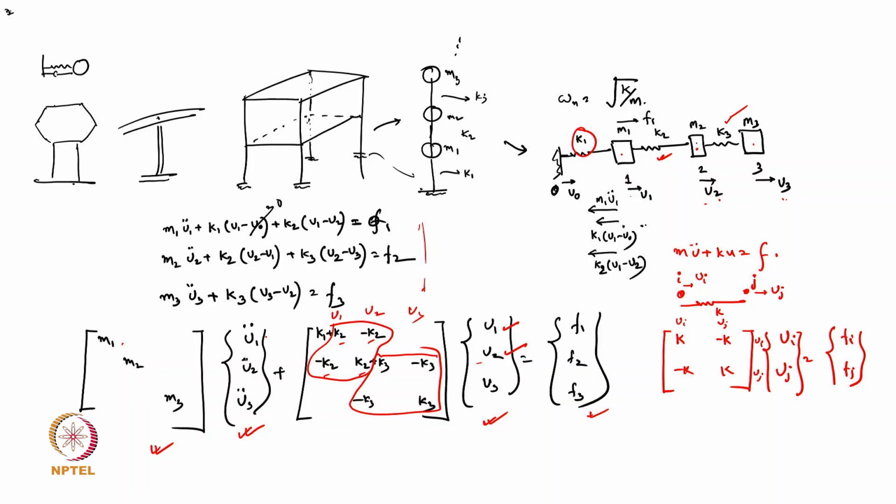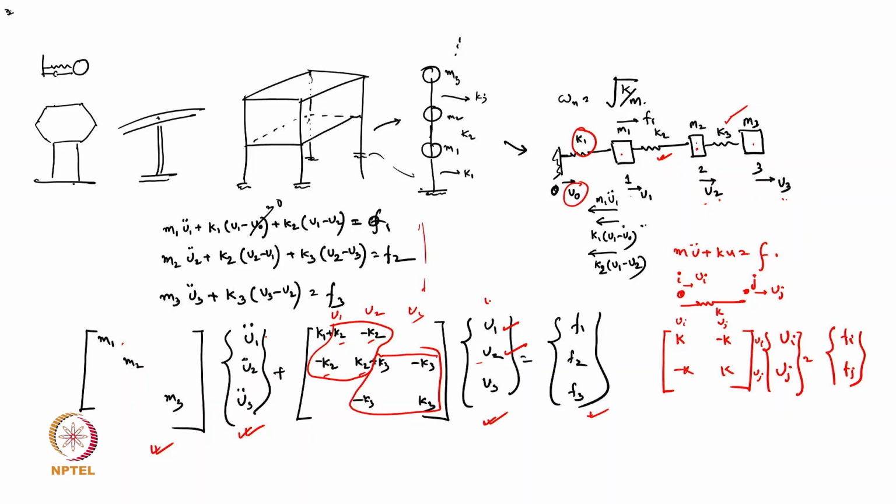Now the question becomes, what happened with K1? Because if you see, only K1 is there, not any other thing. That's why I wrote U0 here at the beginning.